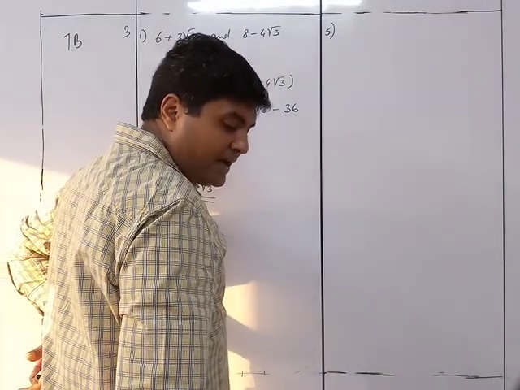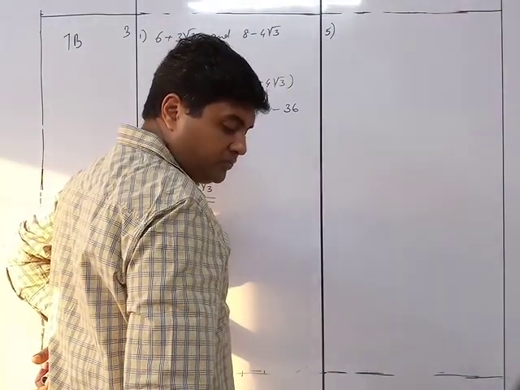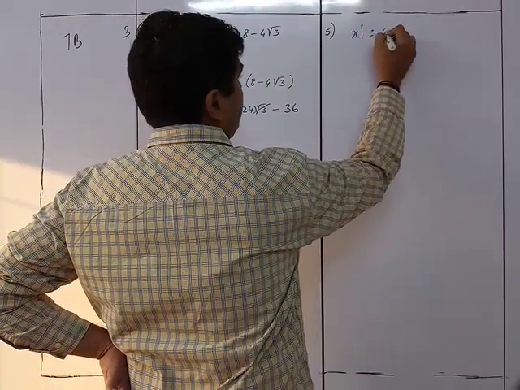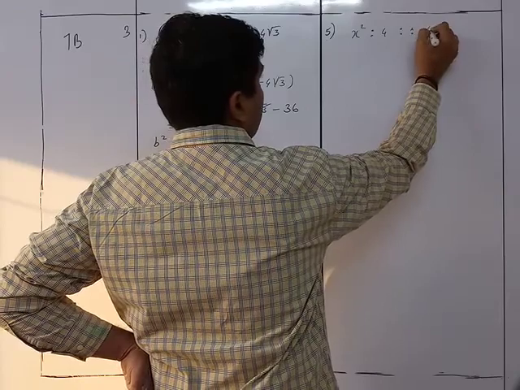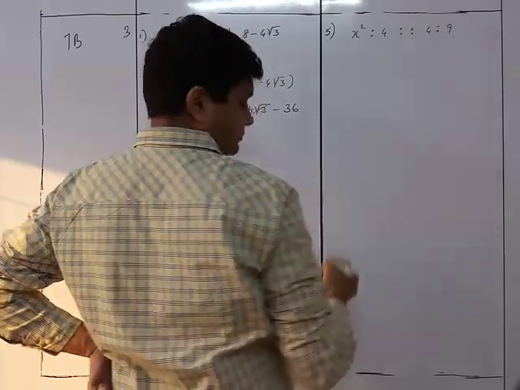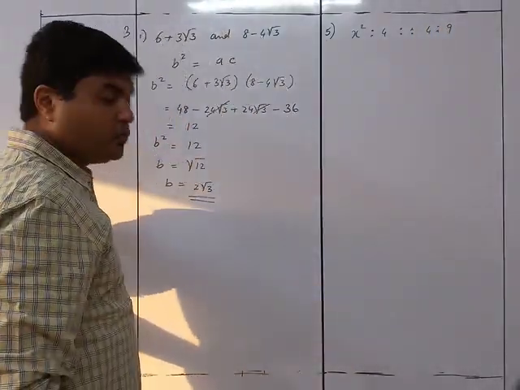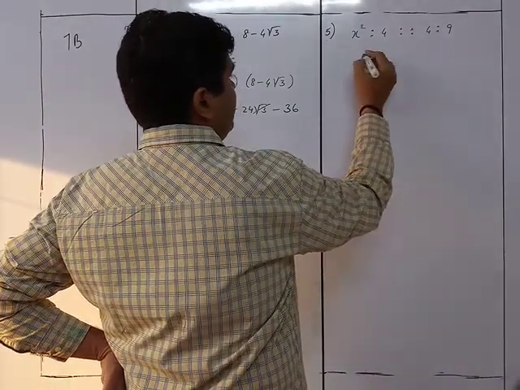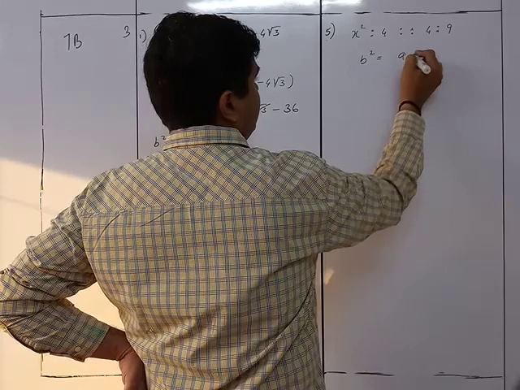X square, 4 and 9 are in continued proportion. Find x. It is given that x square is to 4 is to 4 is to 9, because it's given that they are in continued proportion. We can say b square is equal to ac.